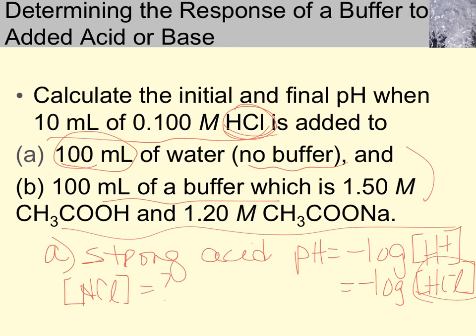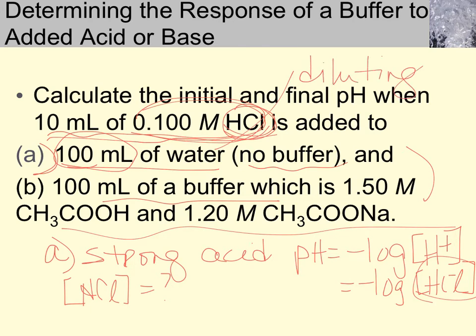Well, we start with 0.1 molar, but is that the concentration we end up with in part A? No, because we're taking some of the 0.1 molar and then we're dumping it in more water, so we're effectively diluting, okay?